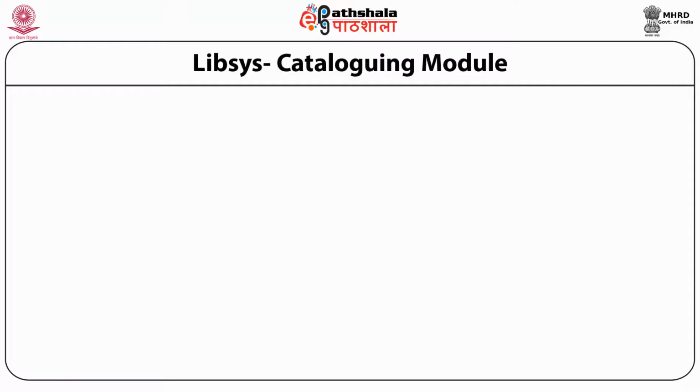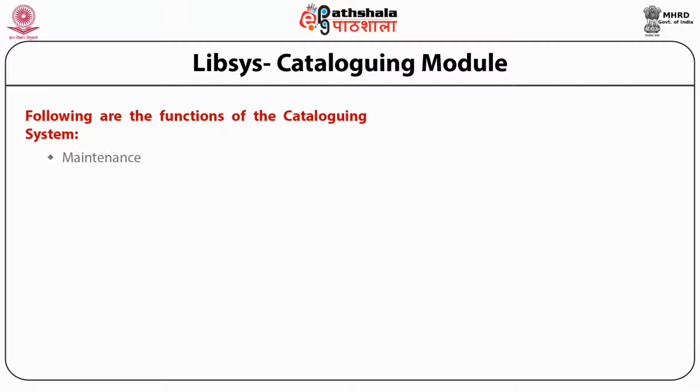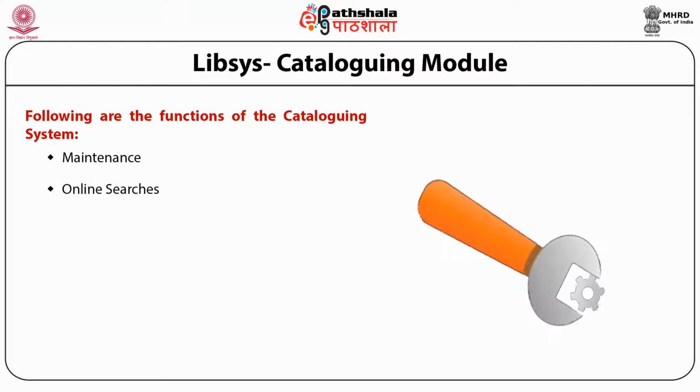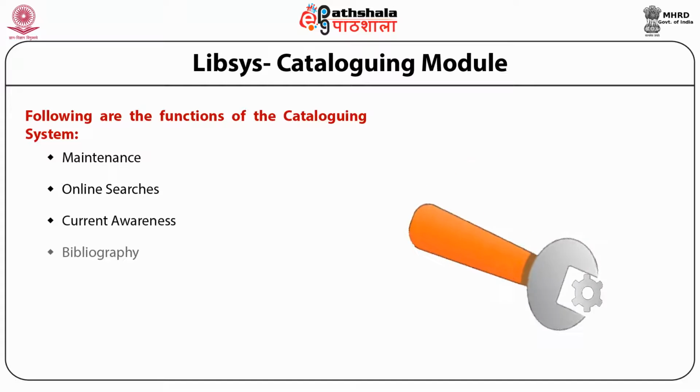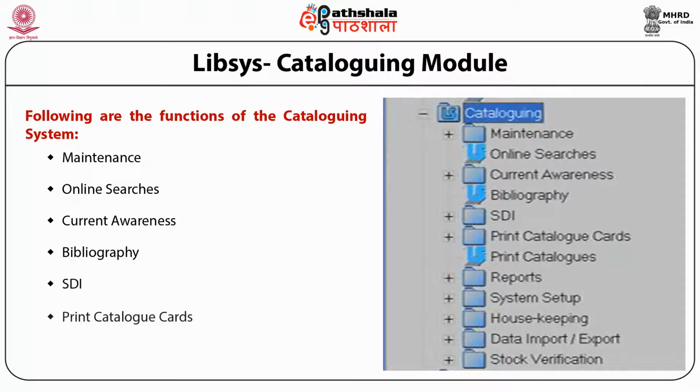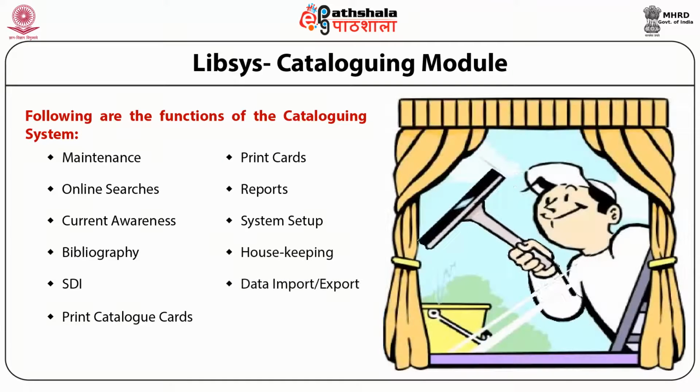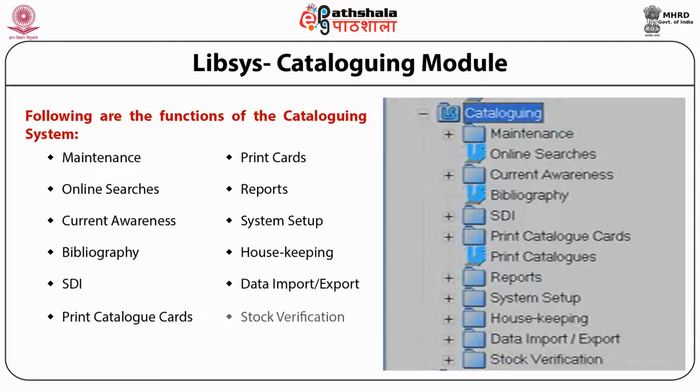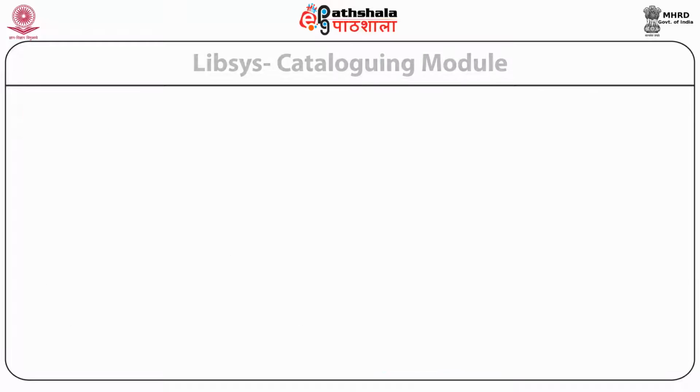The screen shows the cataloging module of Libsys 4 with its functions: maintenance, online searches, current awareness, bibliography, SDI, print catalog cards, print card reports, system setup, housekeeping, data import and export, and stock verification are the functionalities which come under the cataloging module.